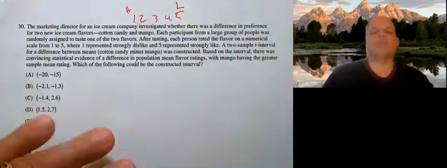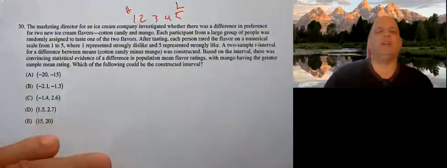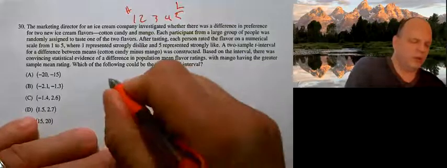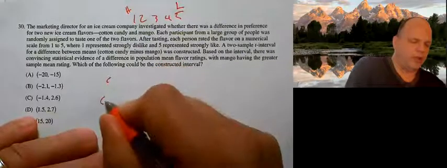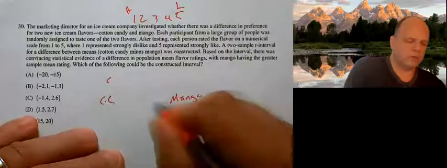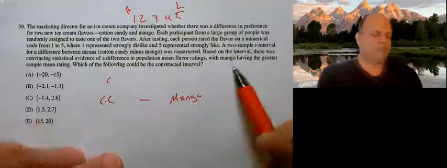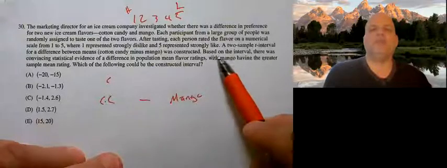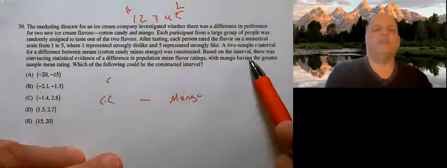All right. A 2 sample T interval for a difference between cotton candy minus mango. So we went CC and mango. This is the order. Was constructed based on the interval. There was convincing statistical evidence of a difference.